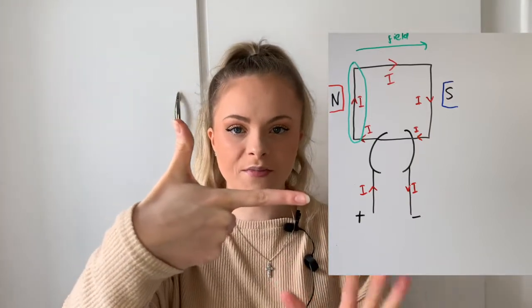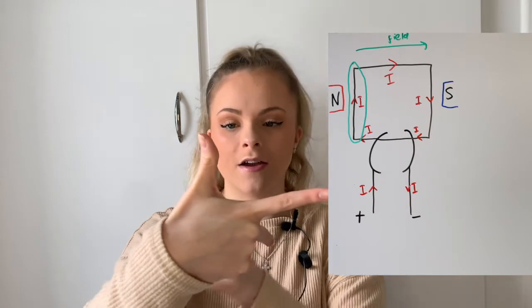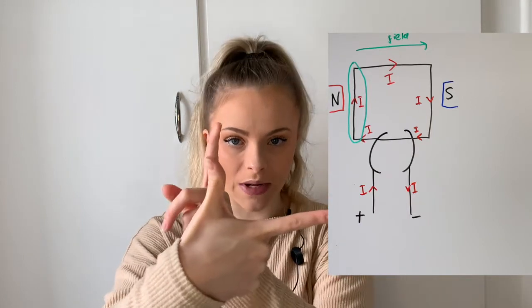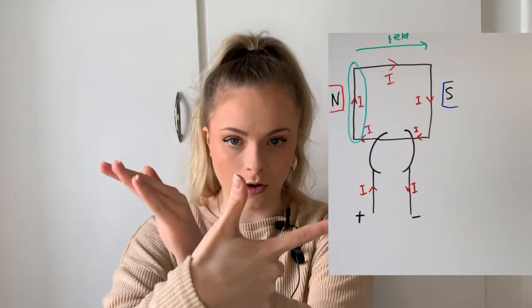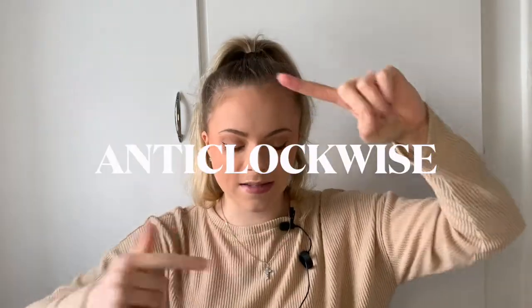And don't move the thumb, remember, this just shows our direction of motion. So we can see that the right-hand part of the wire is going to feel a force upwards. So it's going to move upwards. So all in all, our left-hand part of the wire is going downwards, our right-hand part of the wire is going upwards, and so they're going to turn in an anti-clockwise direction.